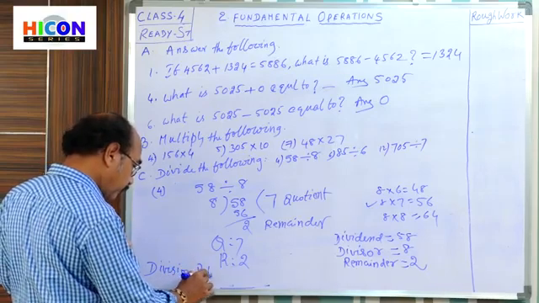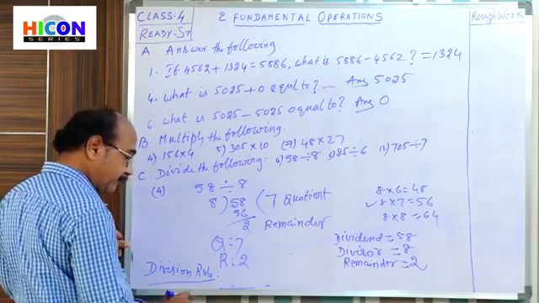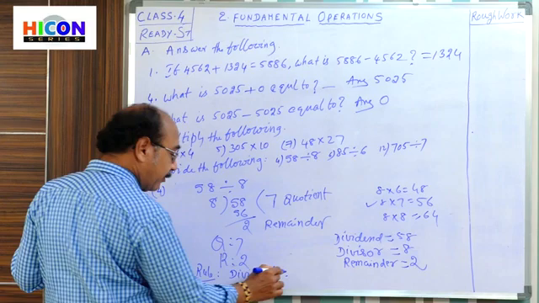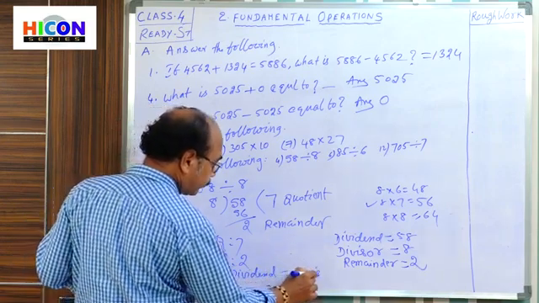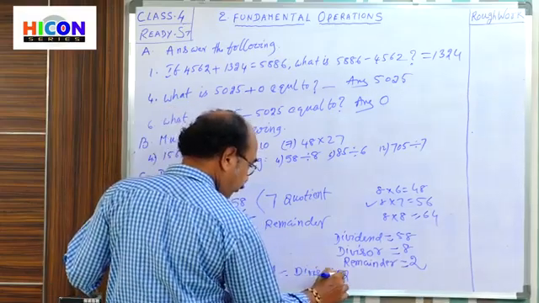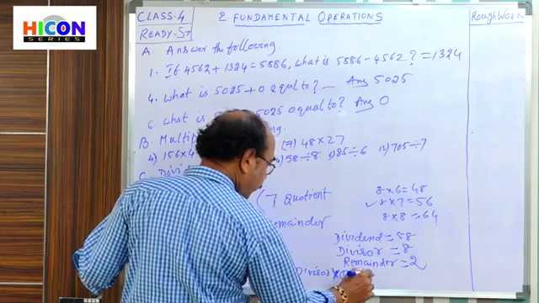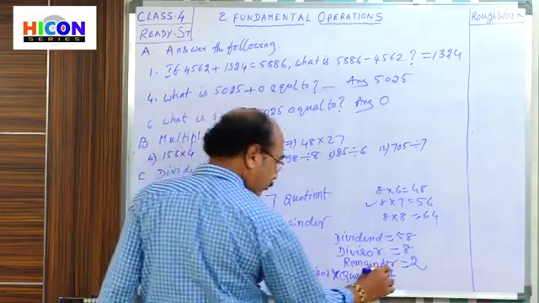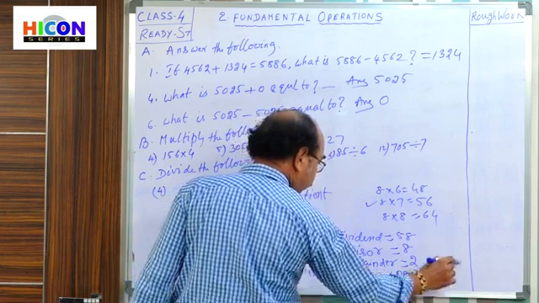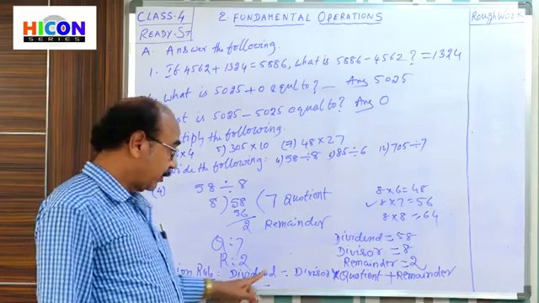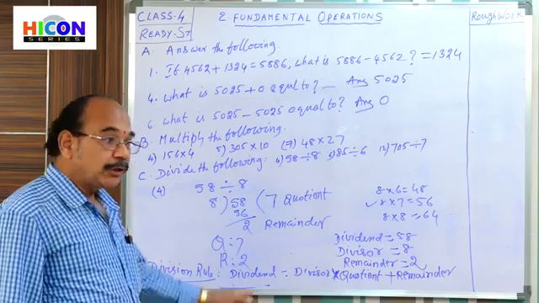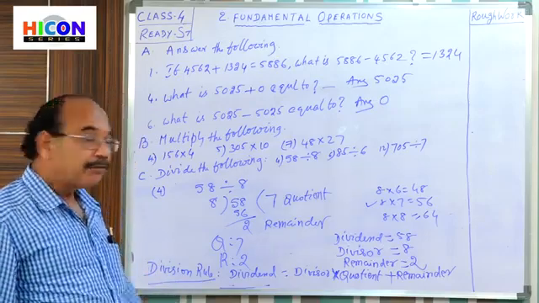If you want to check, dividend is equal to divisor into quotient plus remainder. This is the division rule. Using this rule, you can check your division.